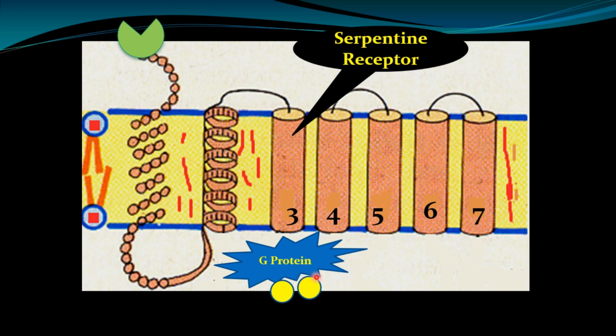Now at this level, no agonist or drug has come and bound. The receptor is in a normal resting state, linked with the G protein, and the G protein is inactivated, so it is bound with guanosine diphosphate, GDP.